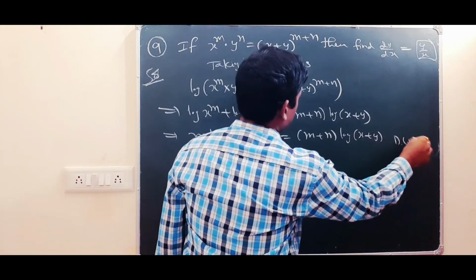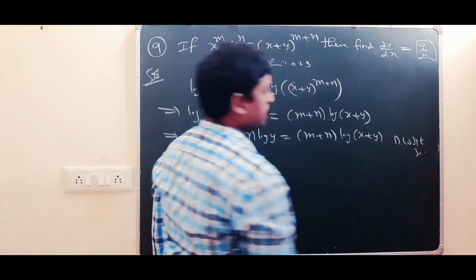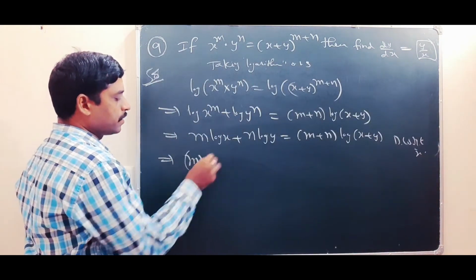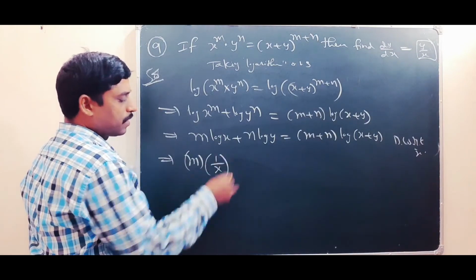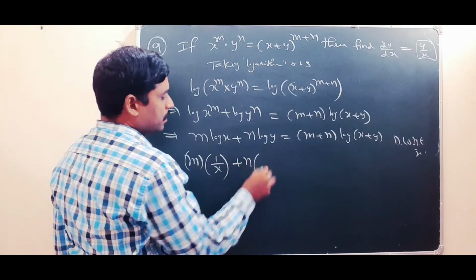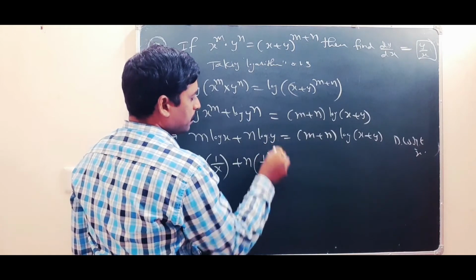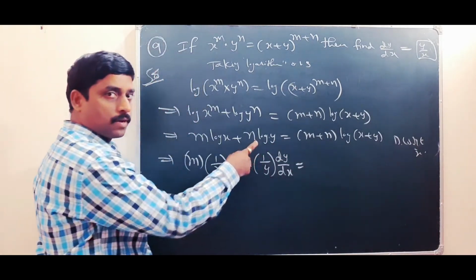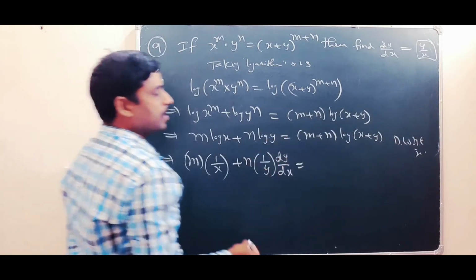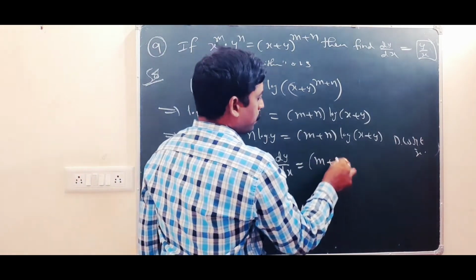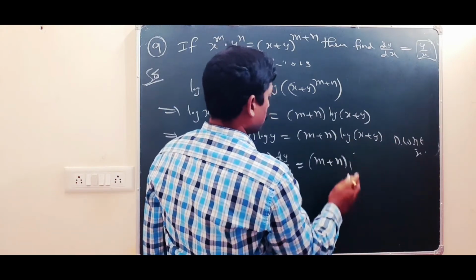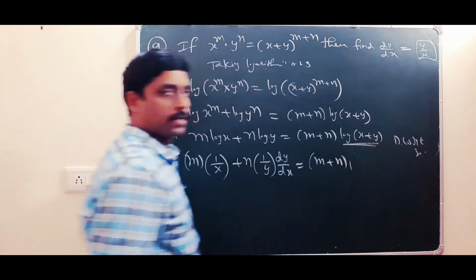So now applying differentiation with respect to x on both sides. m is a constant, the differentiation of log x gives 1 by x, n into the differentiation of log y, 1 by y into dy by dx, equal to m plus n into the derivative of log x plus y.